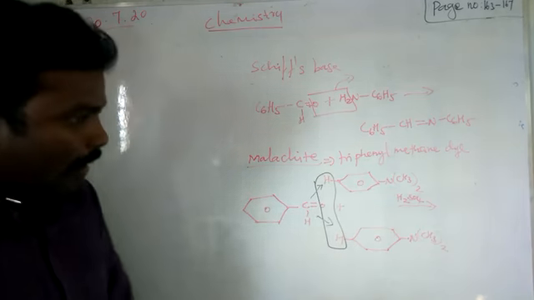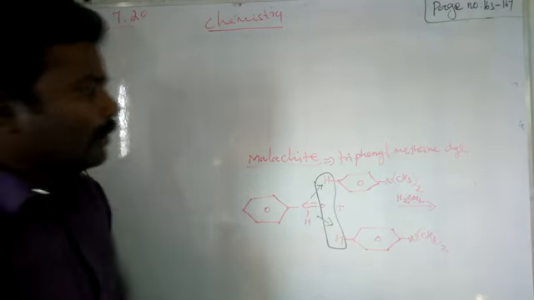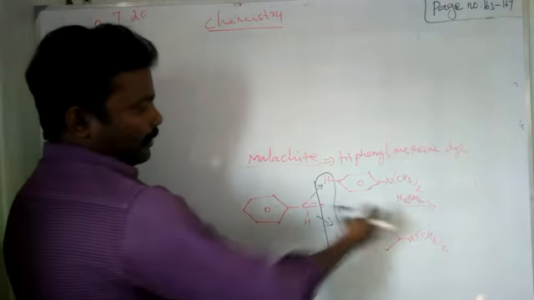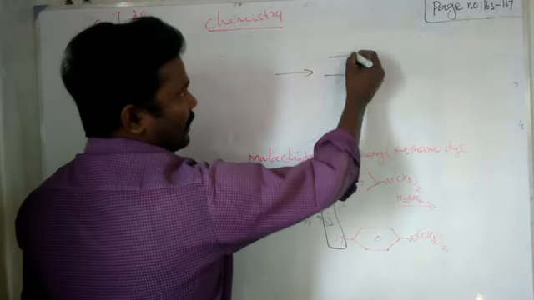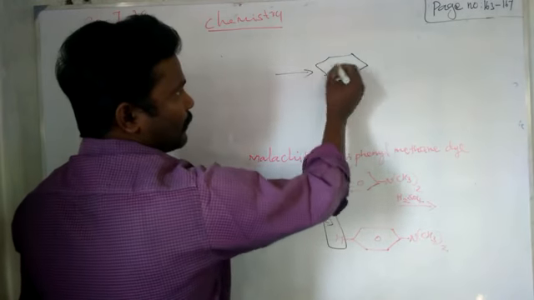So what will be the product? I will write it at the top, because if I write at the bottom, it may not be visible. So I am writing here the benzene ring, you just copy after removal of that water.